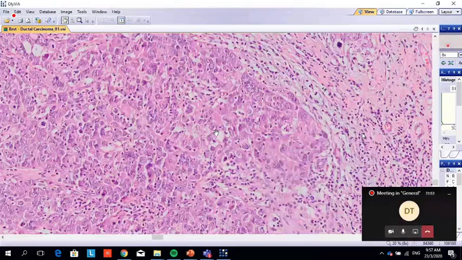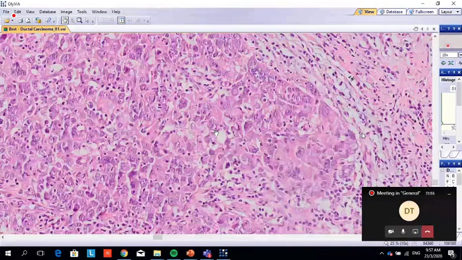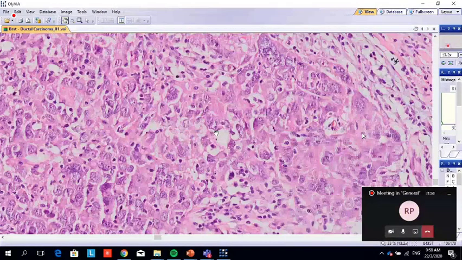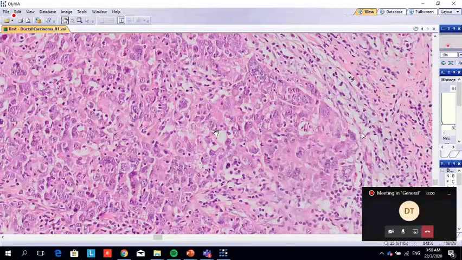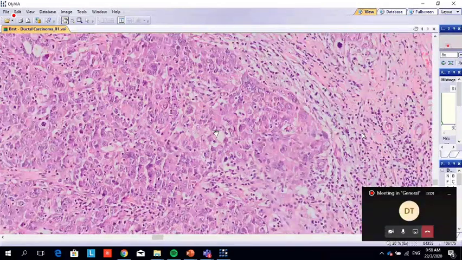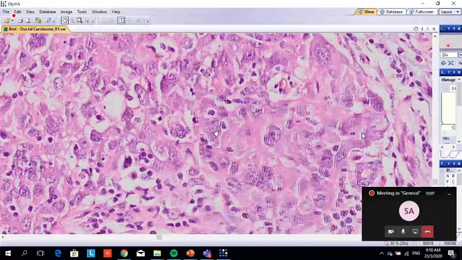What about those? Can you see the difference? Here you can't identify the ducts very well. So it's undifferentiated, not well differentiated.